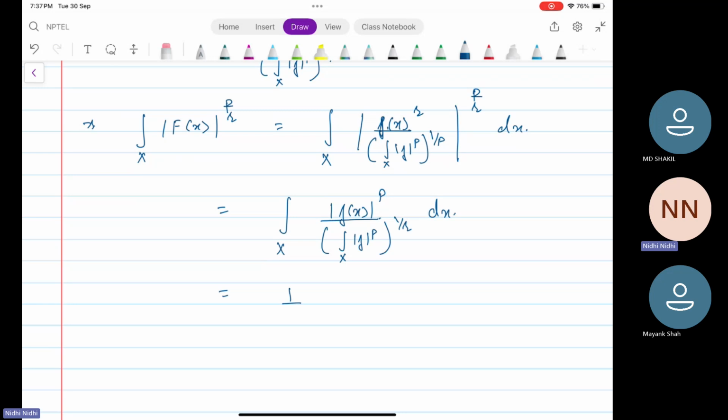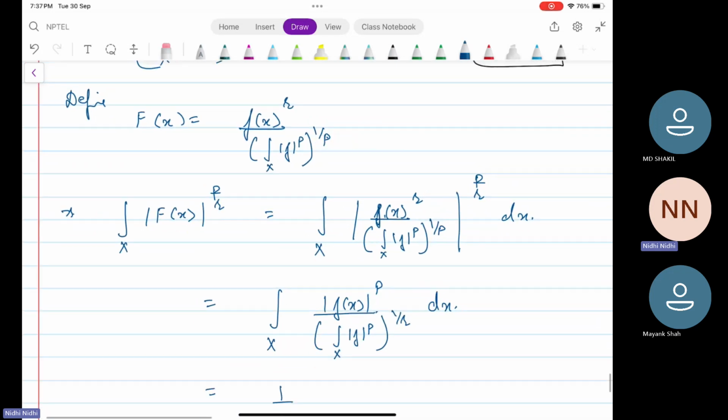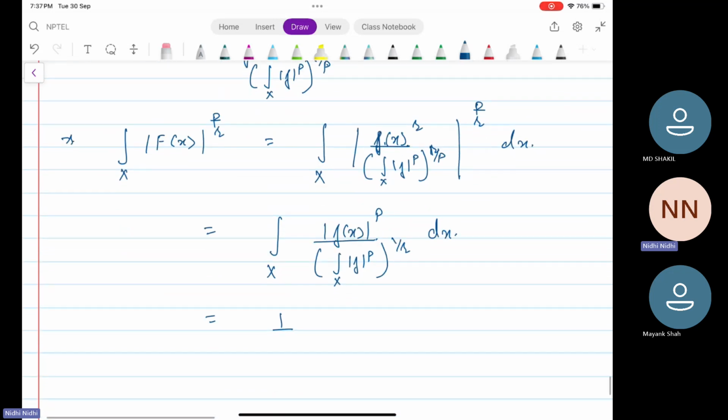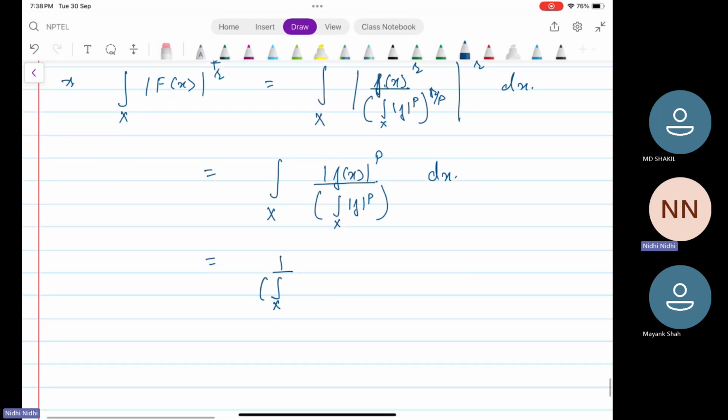So in this definition, this is r by p, r by p, so this will be just 1. This denominator is a constant, I can take it outside, and this is the integral of |f|^p dx. So everything turns out to be 1.